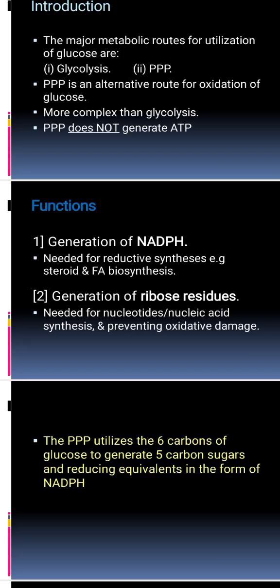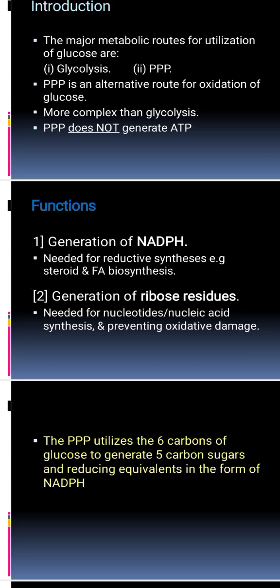Okay, the second function of pentose phosphate pathway is the generation of ribose residues. Ribose residues, from its name, of course, you can remember that it's one of the sugars, right? And ribose contains 5 carbon atoms, so it's a 5 carbon atom sugar.